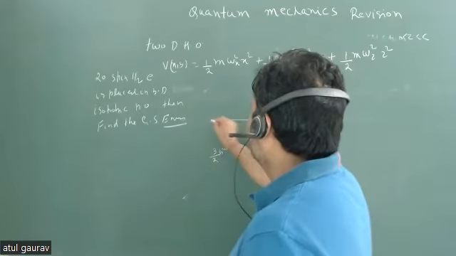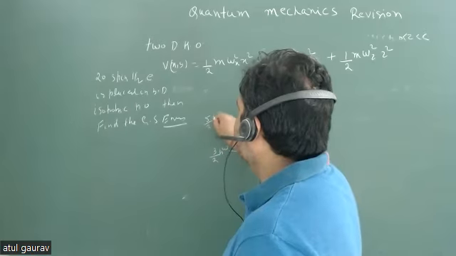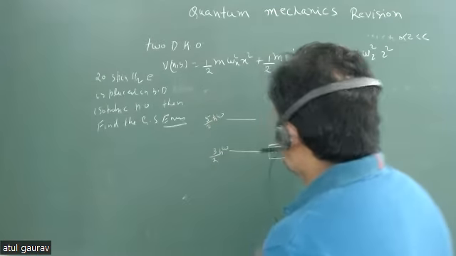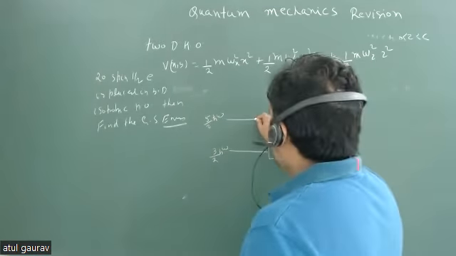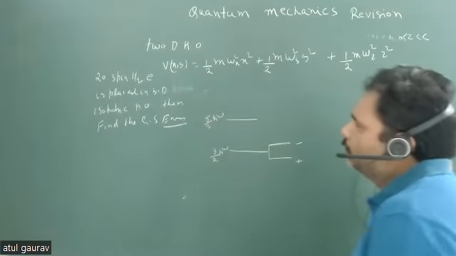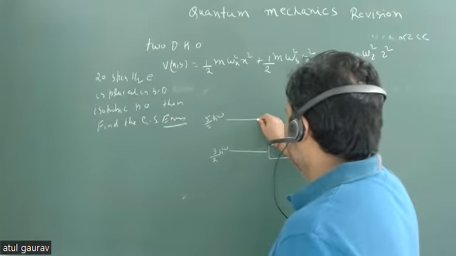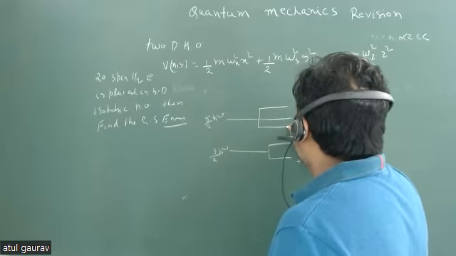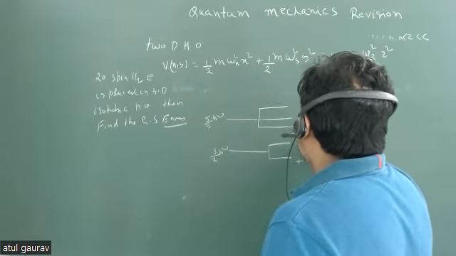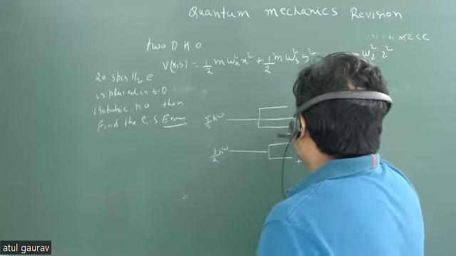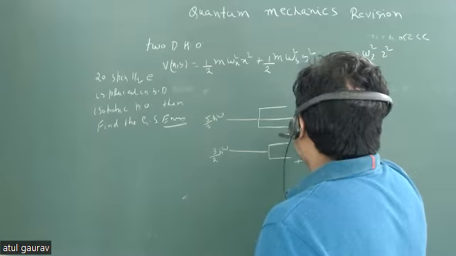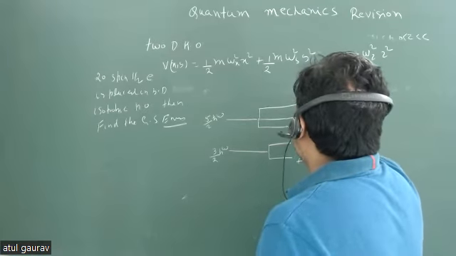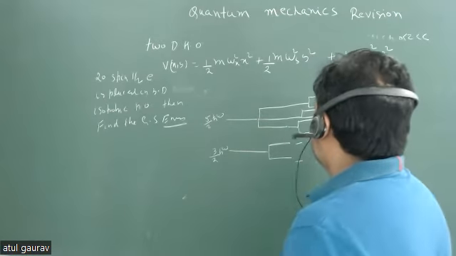Another level is 5/2 ħω. What will be the degeneracy of this one? Triply degenerate, so it further splits into plus and minus for each.